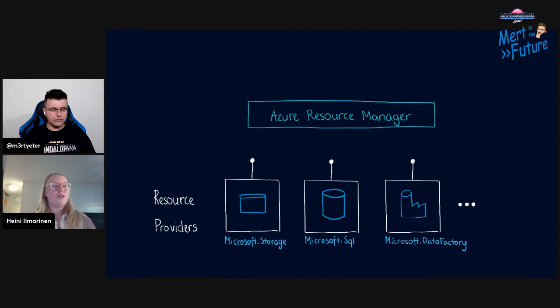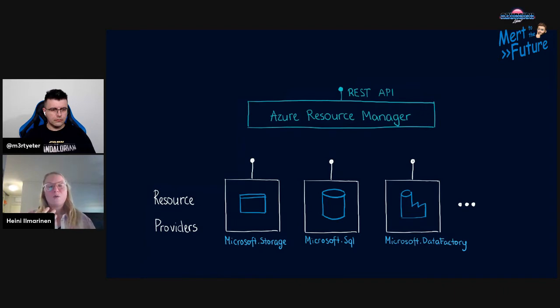And all these providers provide their own APIs, and they update those APIs as new features come into those services. And those APIs define what kind of actions you can do on these resources, what kind of settings they need, what kind of management operations you can do on them, etc. And so what happens when you're managing your Azure environment, whether it's through the portal or other tools, is that you are interacting via the REST API of the Azure Resource Manager.